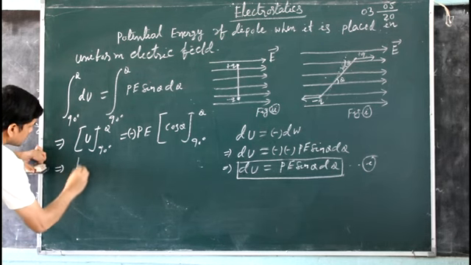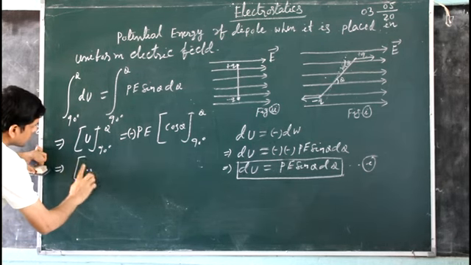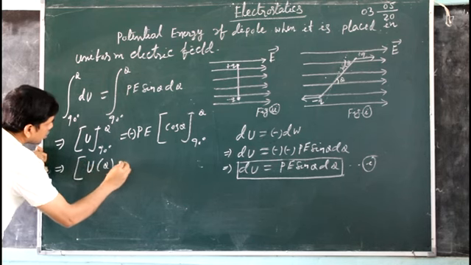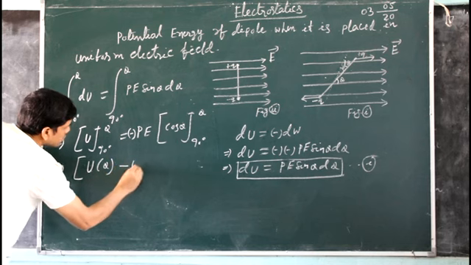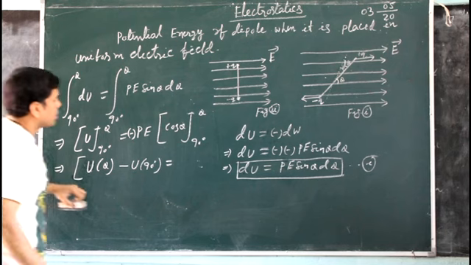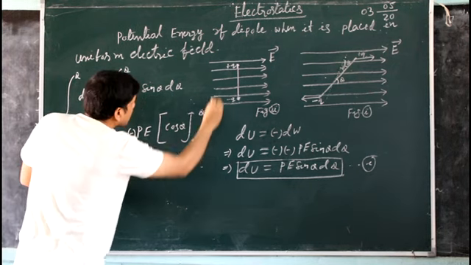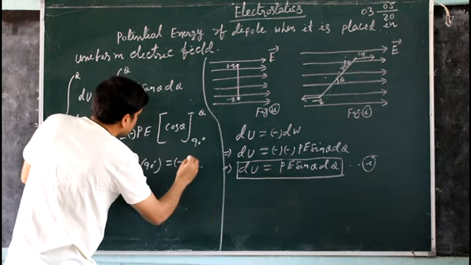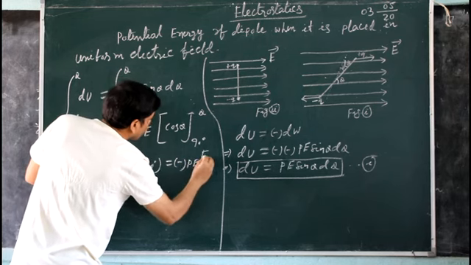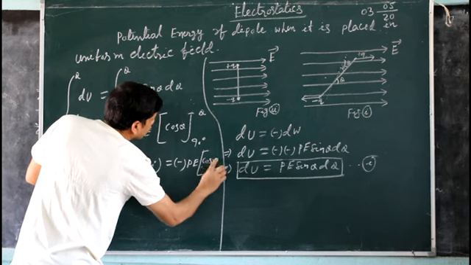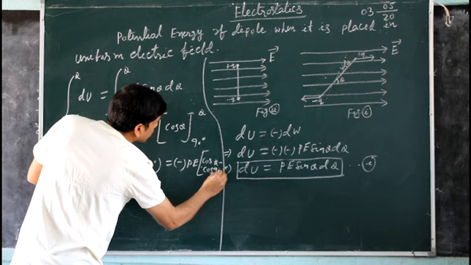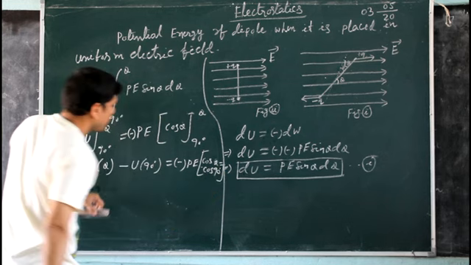Now U at theta minus U at 90 degrees equals minus PE cos theta minus cos 90 degrees. Okay.